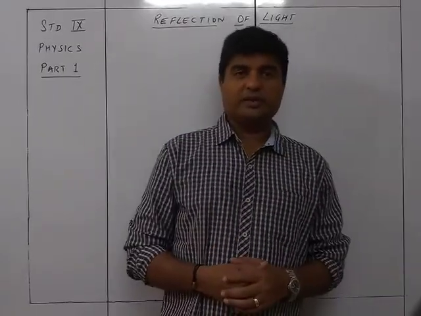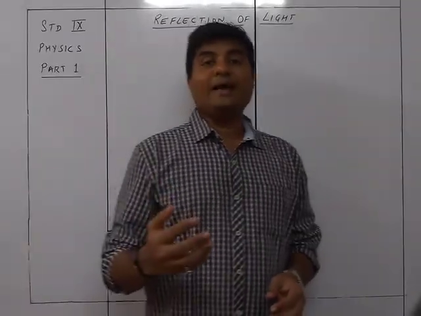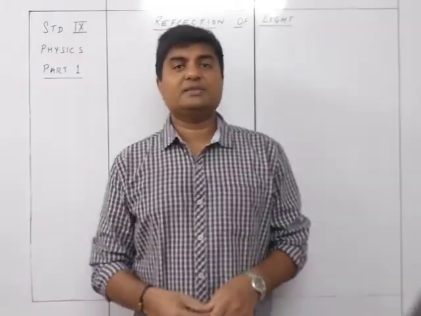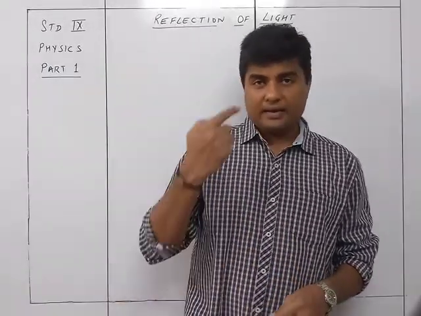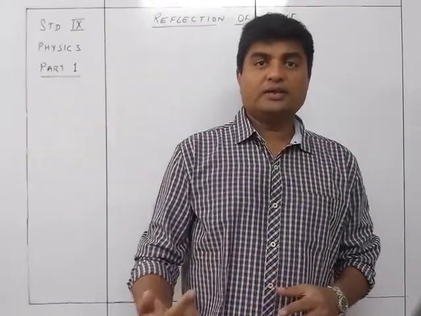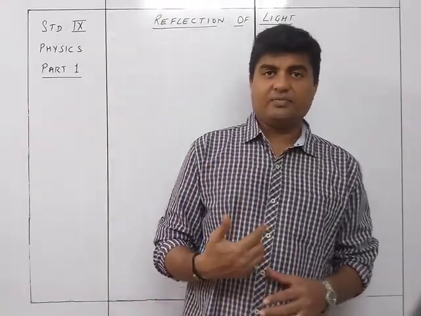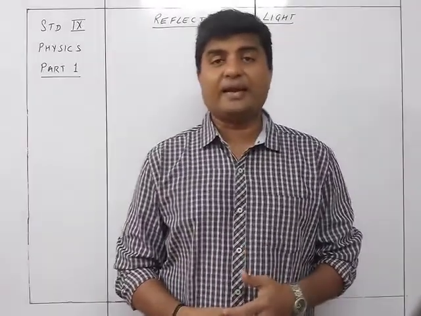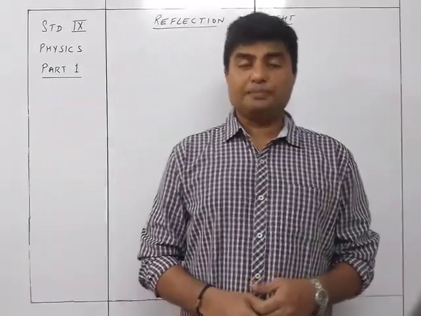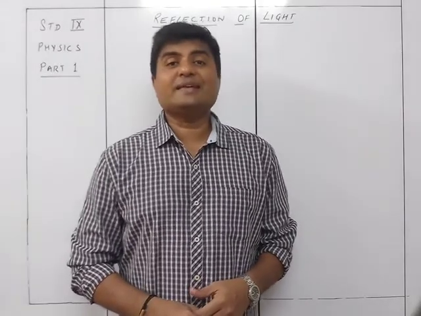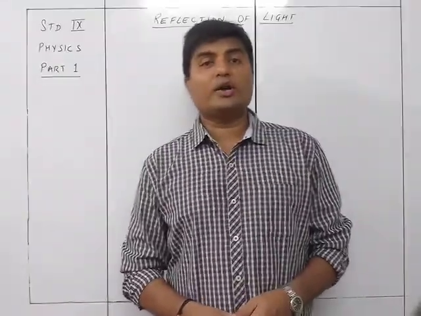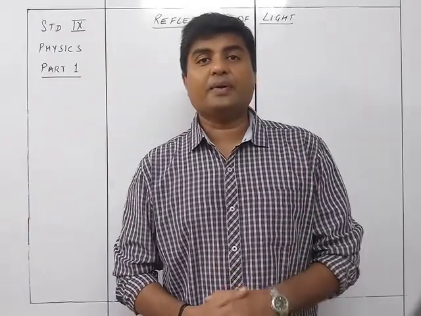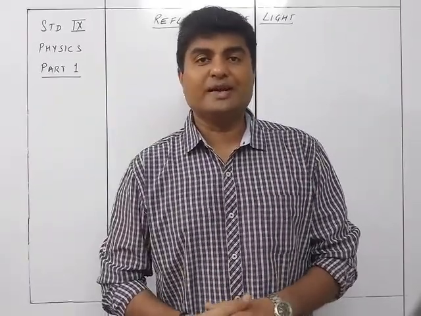I am able to see this because the light is falling on those substances and then it is reflected back and it enters my eye. So that's why we are able to see something, because the light is reflected back by the substance. In case there is any particular substance which does not reflect the light but allows the light to pass through, then that particular object becomes almost invisible.